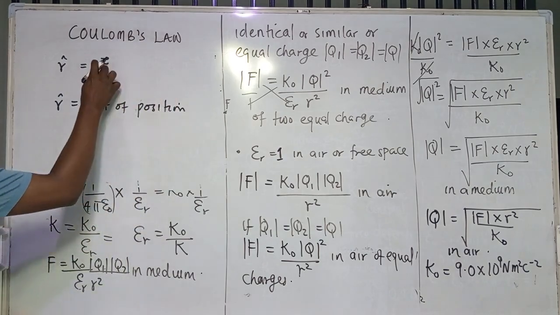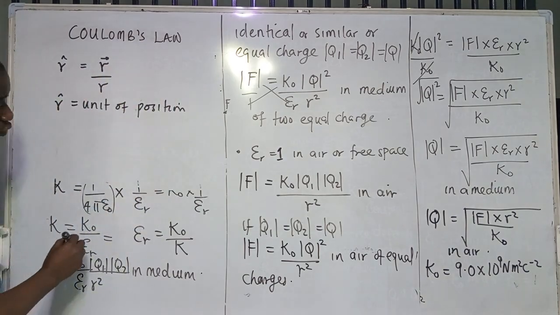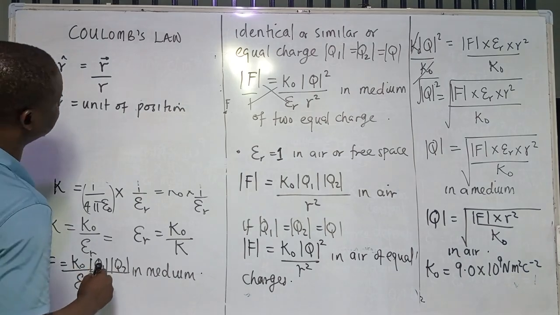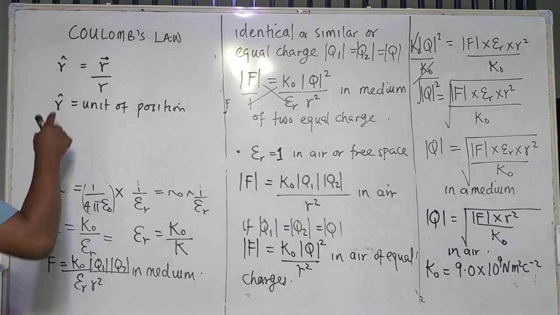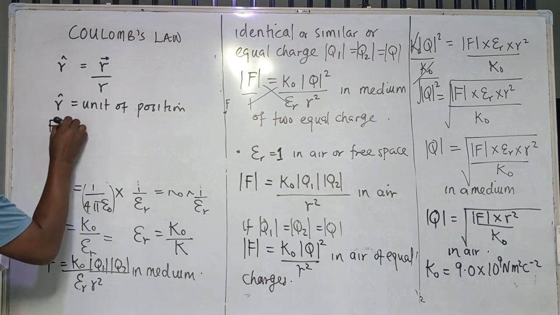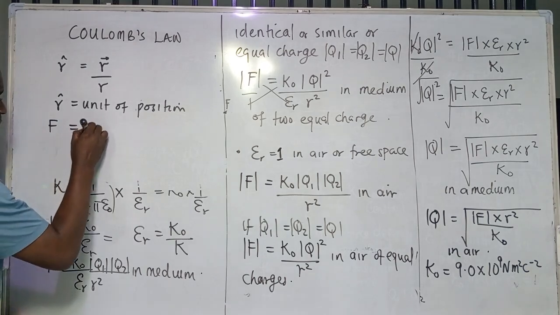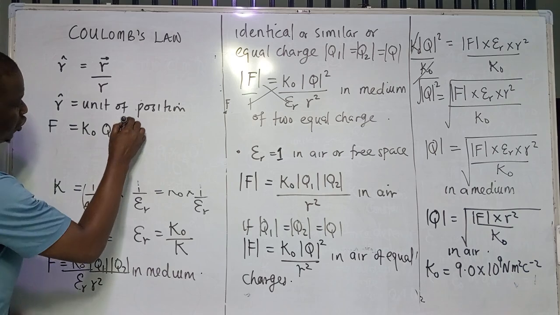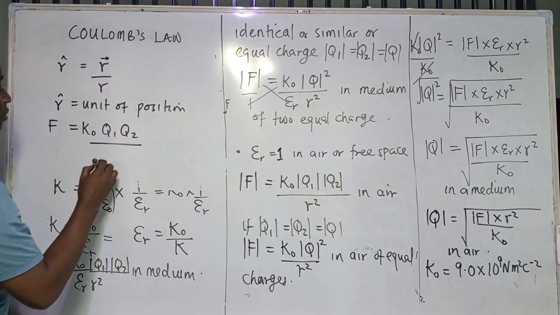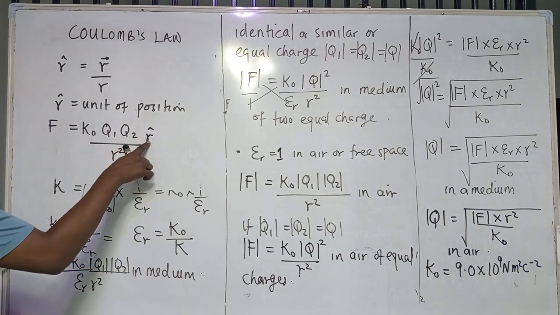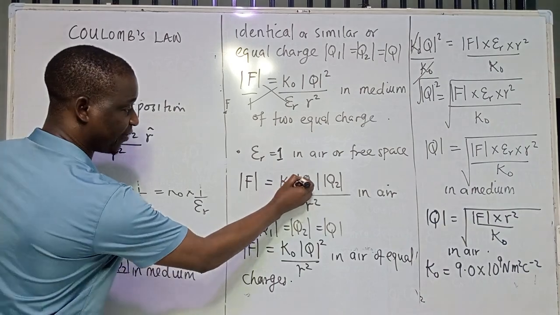So this is a vector over the magnitude. Now let us write it in terms of the unit vector. What will happen is that the force will now be equal to, we no longer need to put the magnitude, Q1 Q2 over r squared. Now, we have removed the absolute.